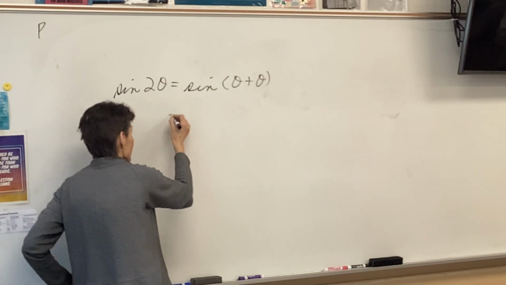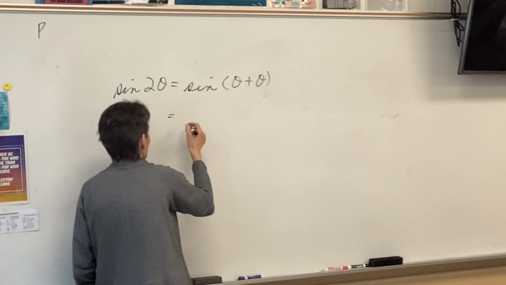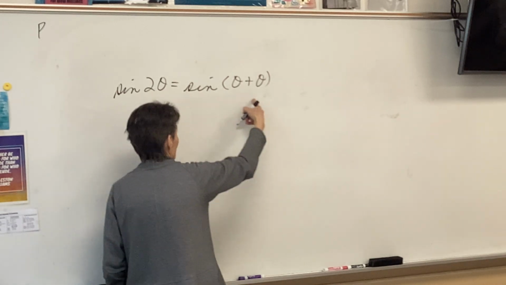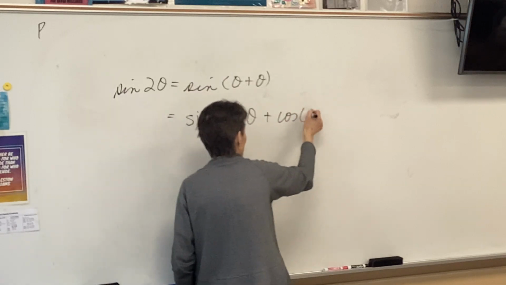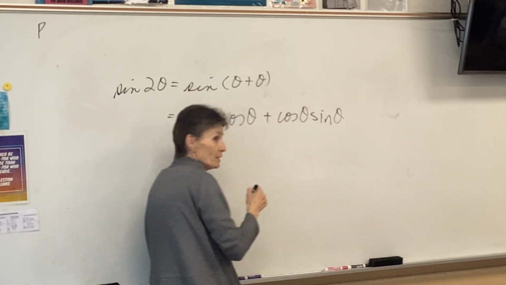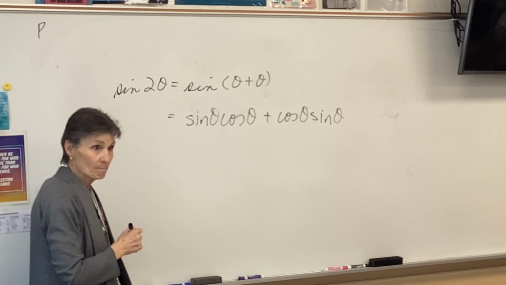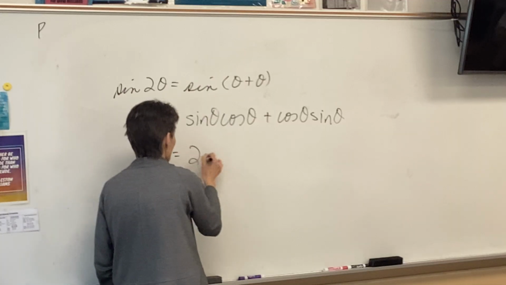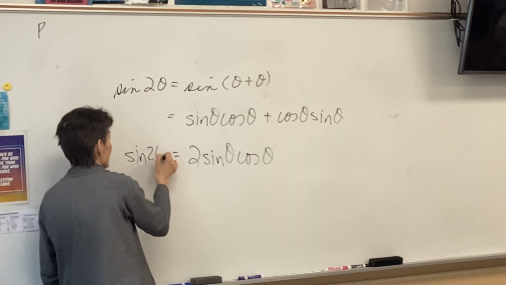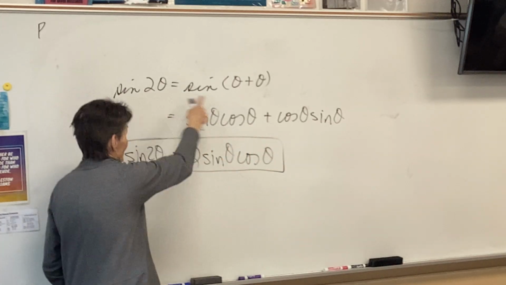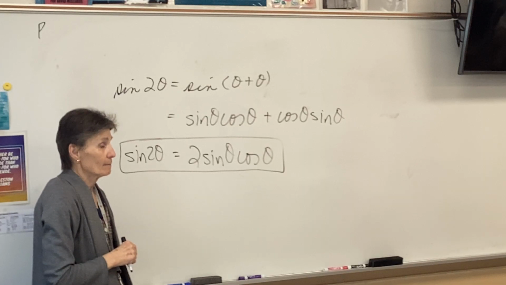What does our formula say? So this would be sine of the first, cosine of the second, plus cosine of the first, sine of the second. And what do you notice about those two pieces? They're the same. So I have one of them and one of them, so that is two of them. And that is what you memorize. But that's where it came from. It came from your alpha plus beta identity.